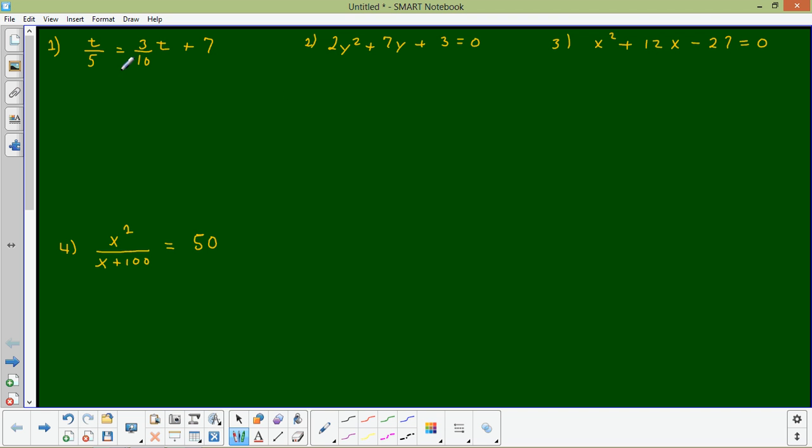Number one, real good success rate, something close to 90% here. You've got t divided by 5 equals 3 tenths t plus 7. Different ways you can approach this. Probably many people thinking, okay, I've got a variable t here, I've got a variable t here.